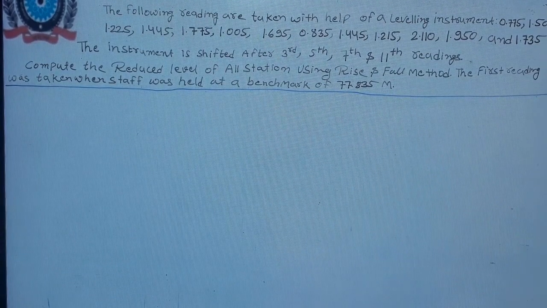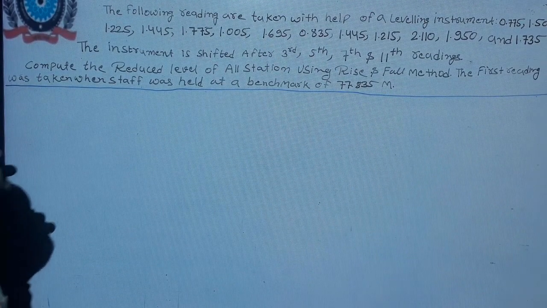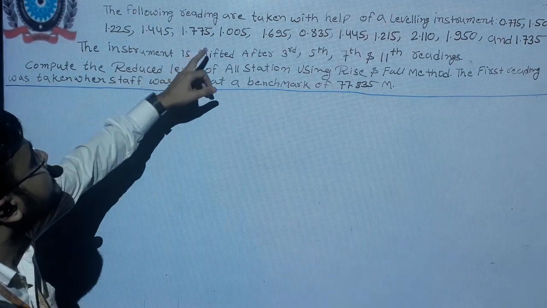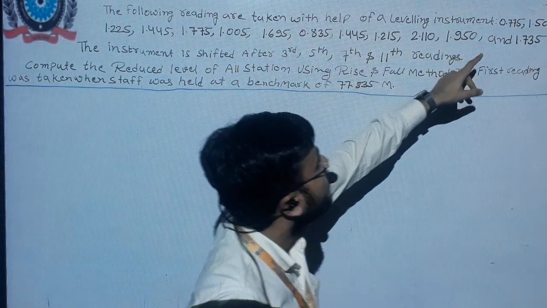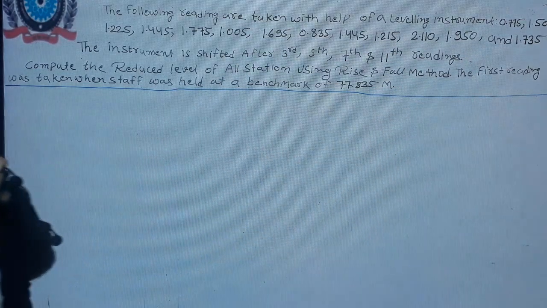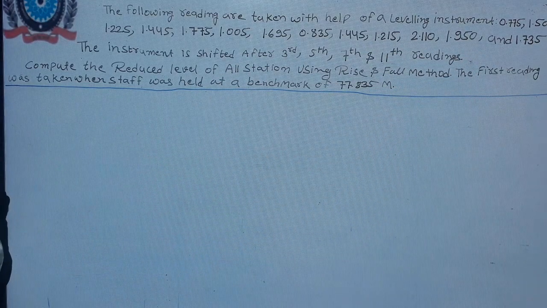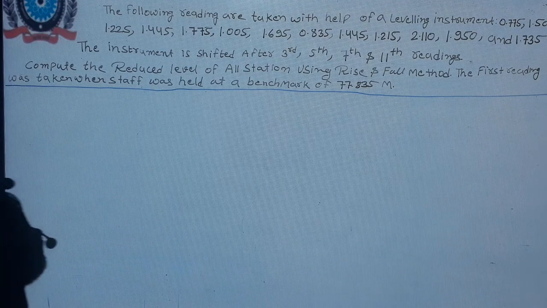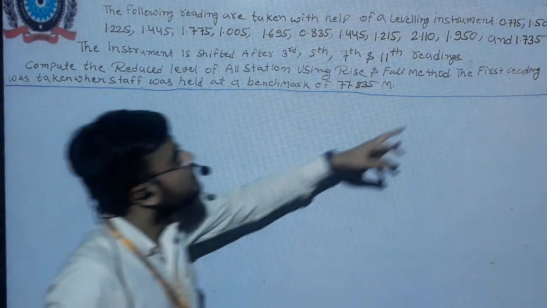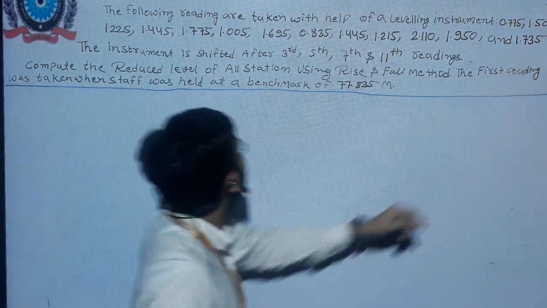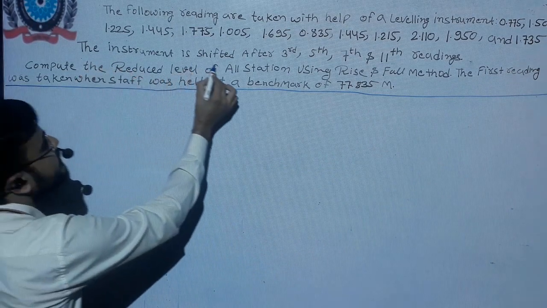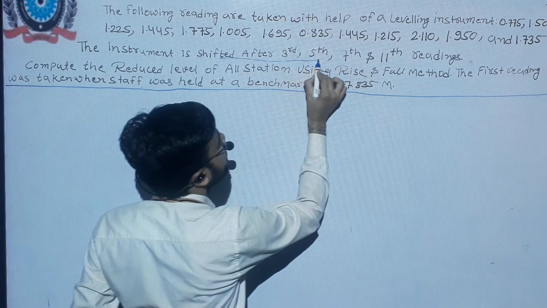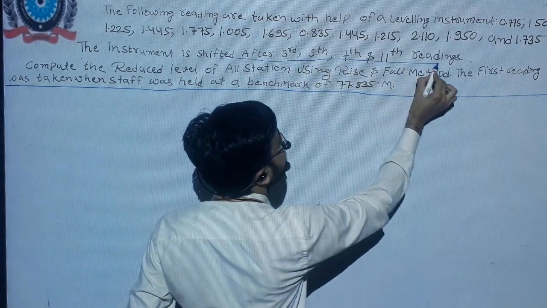The numerical on the rise and fall method is here. The following readings are taken with the help of a leveling instrument: 0.775, 1.505, 1.225 and so on. The last reading is 1.735. The instrument is shifted after the 3rd, 5th, 7th and 11th readings.